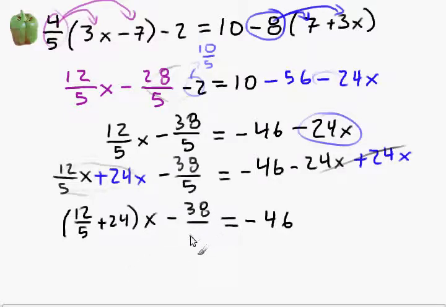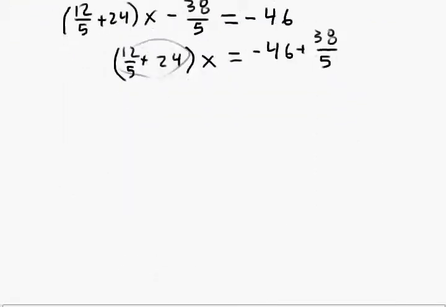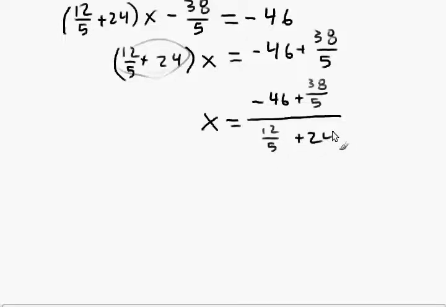It's whatever 12/5 plus 24 is times x. Now let's add 38/5 to both sides. And we'll divide both sides by this expression. So we'll be left with x is equal to minus 46 plus 38/5 divided by 12/5 plus 24.